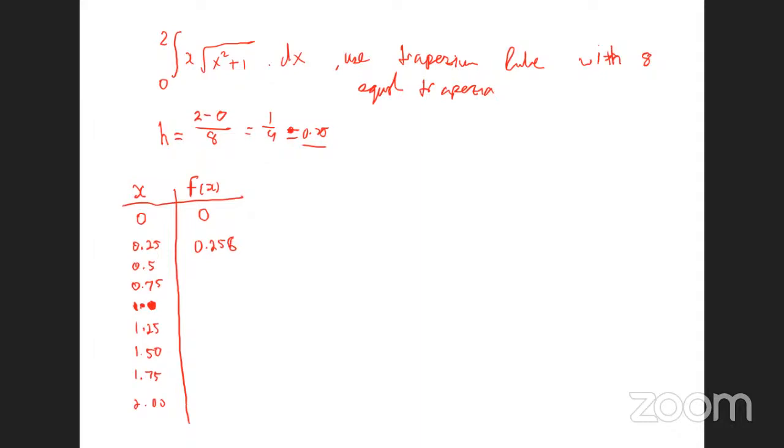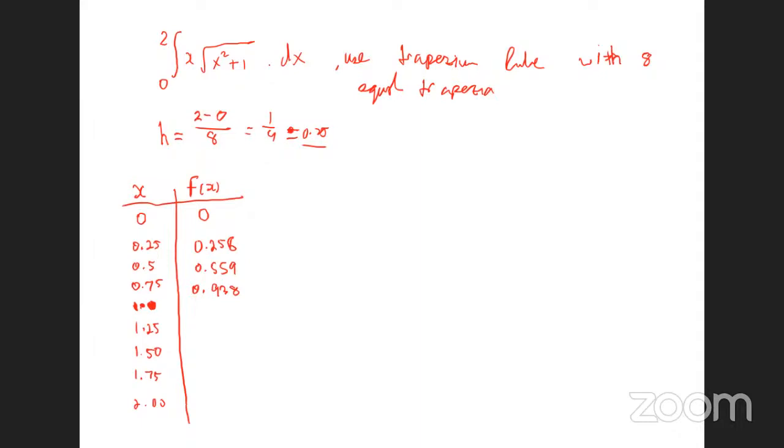Then plug in 0.5, and you'll get 0.55902. Then plug in 0.75, I have 0.938. Everybody okay with how I got those values? Jada? Benicia? You all okay with how I got those values? Yeah? Okay.